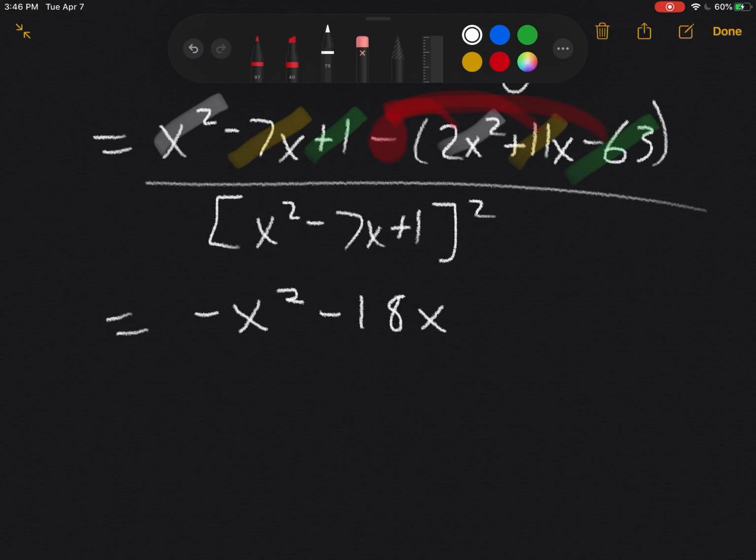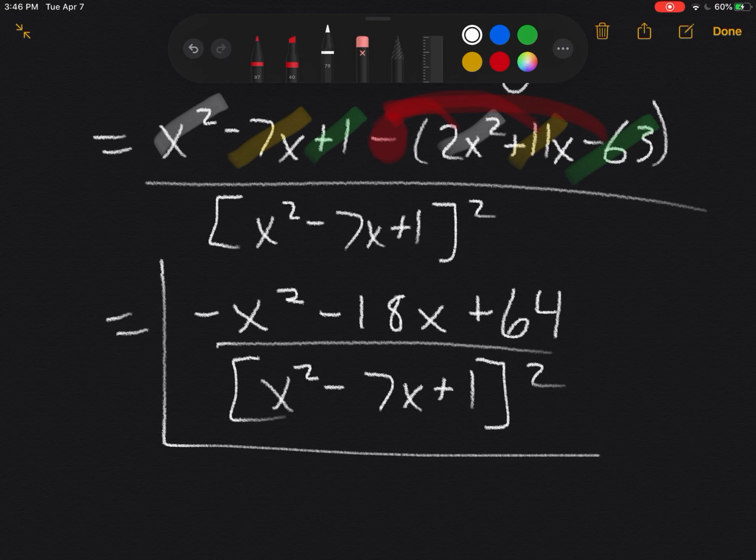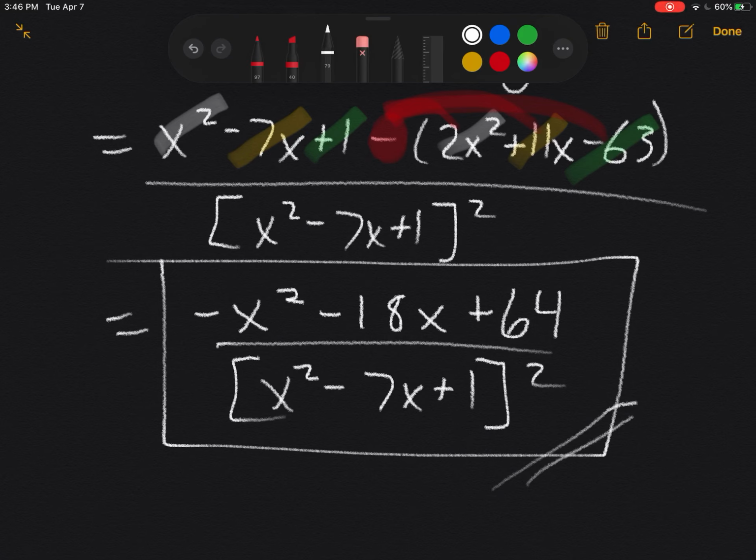So what I'm going to end up with is negative x squared minus 18x plus 64 divided by (x squared minus 7x plus 1) quantity squared. And that's my final answer.